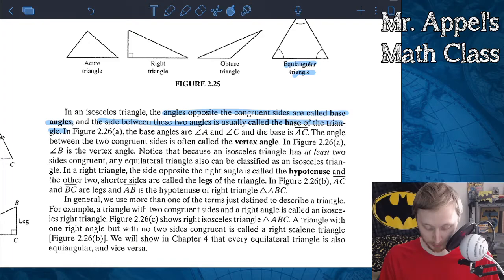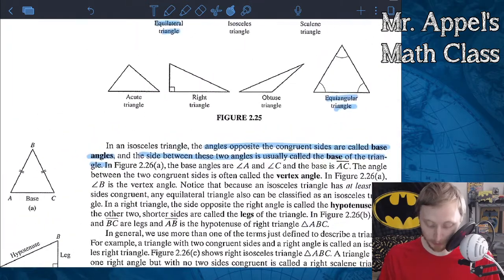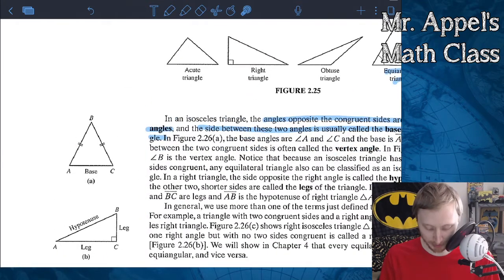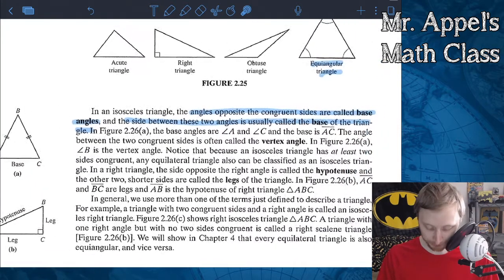Oftentimes we will refer to the base of a triangle, such as if you want to find the area, you do base times height, and it's always in reference to whatever is the bottom side, what looks like sitting on the ground. But for an isosceles, since we have these 2 are the same and this one is the odd man out, we refer to this as the base side, and these would be the base angles, right, across from those 2 congruent sides, right?